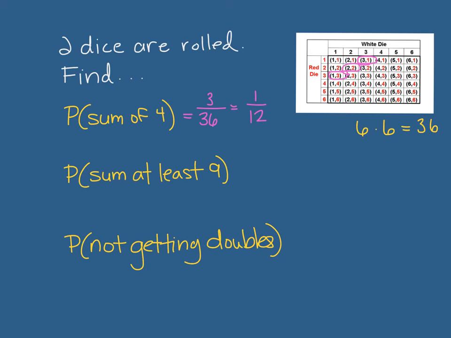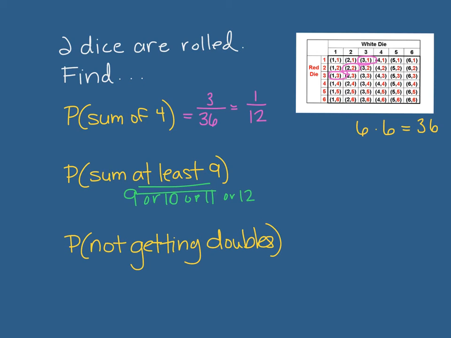Okay, what about the sum of at least 9? At least. That means 9 or more. So that means 9 or 10 or 11 or 12, which is, of course, the biggest you can get when you total up the double sixes on your die.